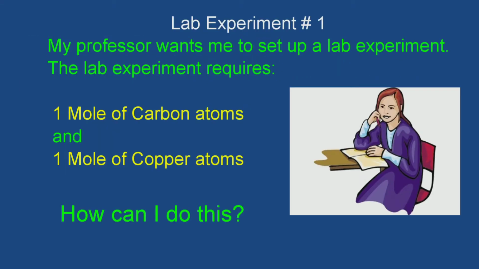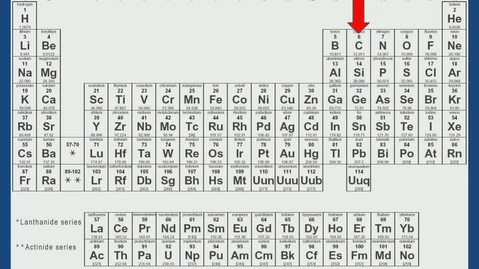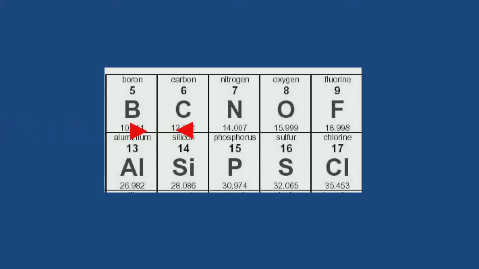Now let's use what we've learned to help a student prepare a lab experiment. Her professor wants her to prepare 1 mole of carbon atoms and 1 mole of copper atoms. How does she go about doing that? Let's start with carbon. We first need to determine how much 1 mole of carbon atoms would weigh.